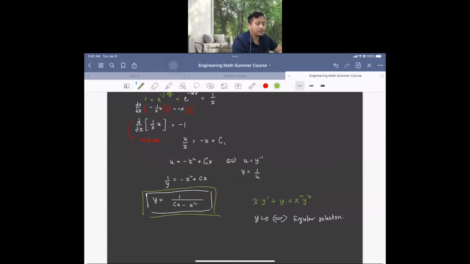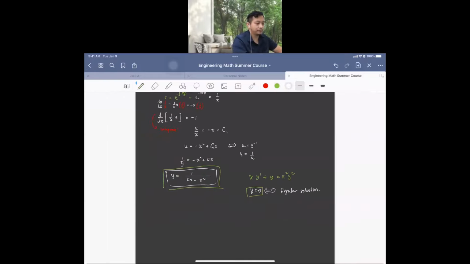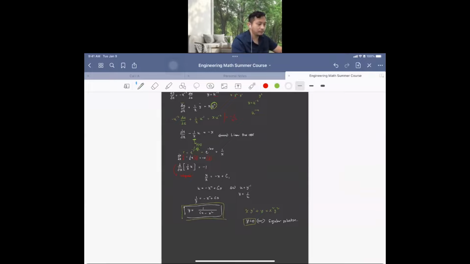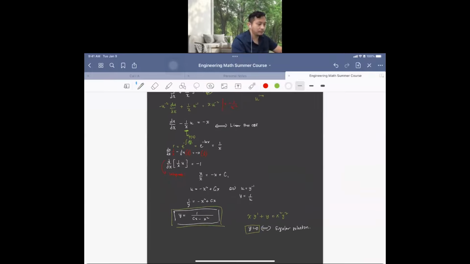So this is one of the solutions that we can have. We haven't yet confirmed that this is the general solution because we also have y equals 0 as a singular solution.